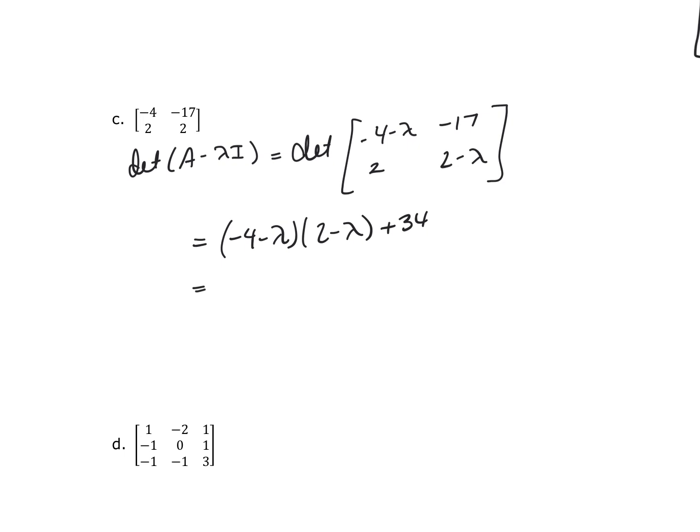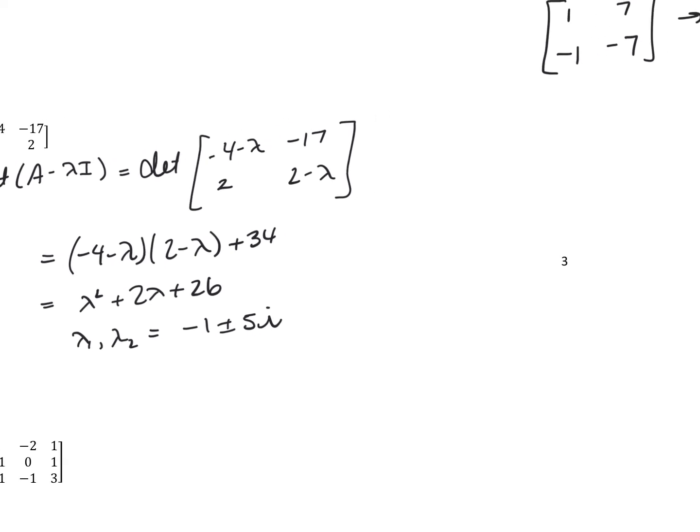This ends up becoming lambda squared plus 2 lambda plus 26. This is complex. So my lambda 1 and my lambda 2 are going to both be negative 1 plus or minus 5i, one and then the other. So let's start with the complex one because that's fun.